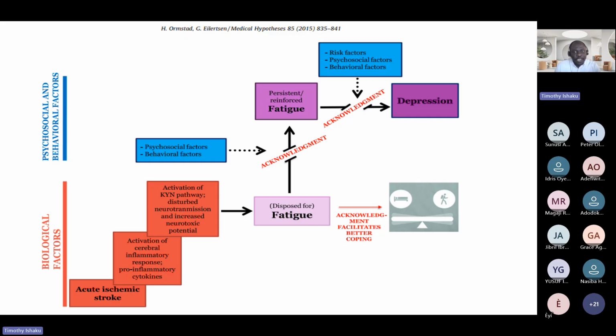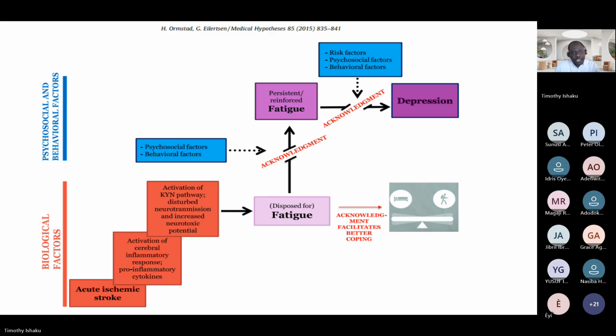Those inflammatory processes increase the intracranial pressure because of narrowing of the space, and then the nerves are impacted. There will be disturbed neurotransmission, the movement of information in the brain, and because there is lack of clearing of the waste products accumulated in the head, there will be increased neurotoxic potential as well.